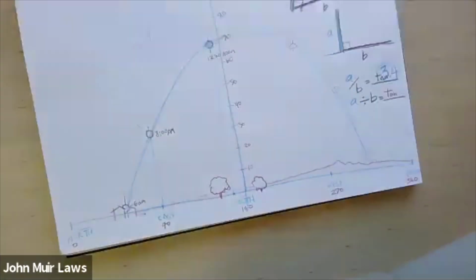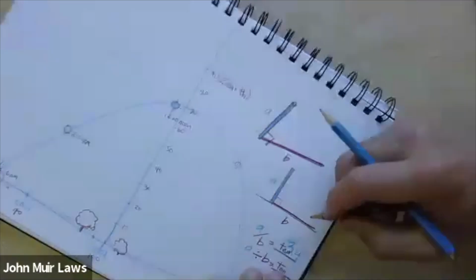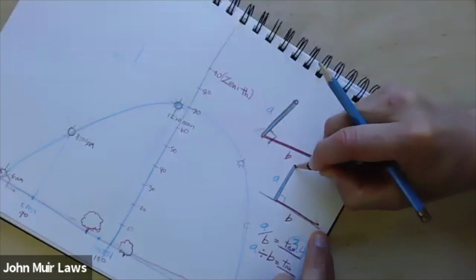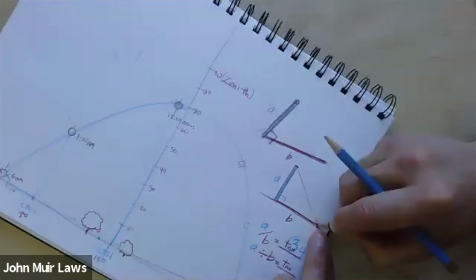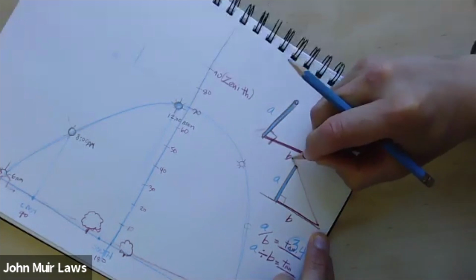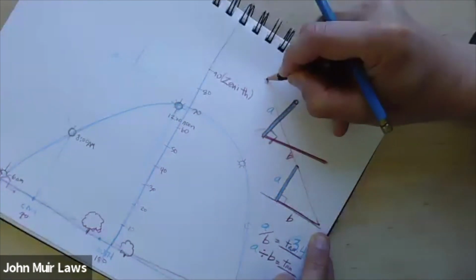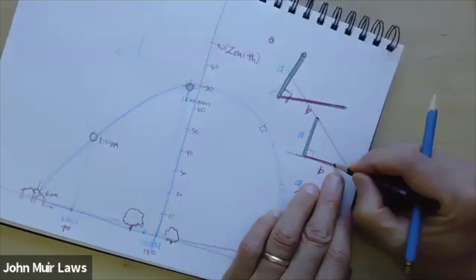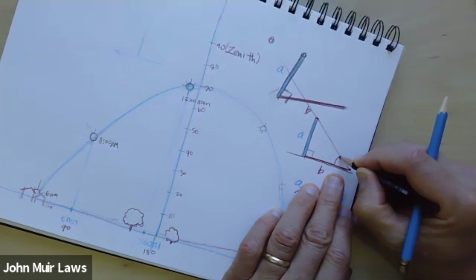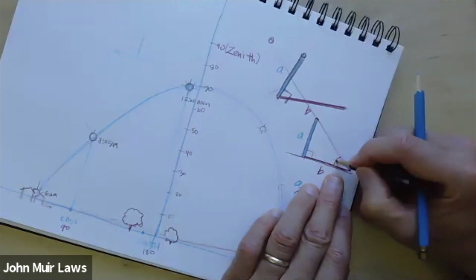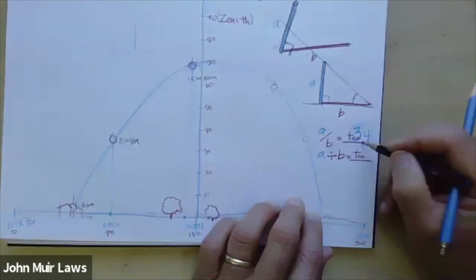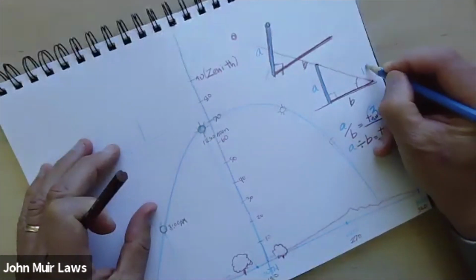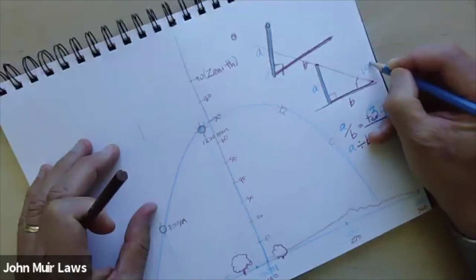So I'm going to go back here, and if you were to draw a line from the end of this shadow to the top of this stick, that line would point right to the sun. And what is the angle here? Well, I figured out the tangent was 3.4. That meant that the angle was 19 degrees. So this angle is 19 degrees.